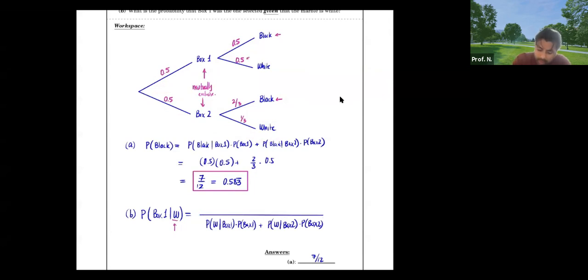This number here is not just a number. This is the probability that it's white given that I selected box 1. This is the probability that I got box 1. This is the probability that it's box 2. And this is the probability that it's white given that I selected box 2.